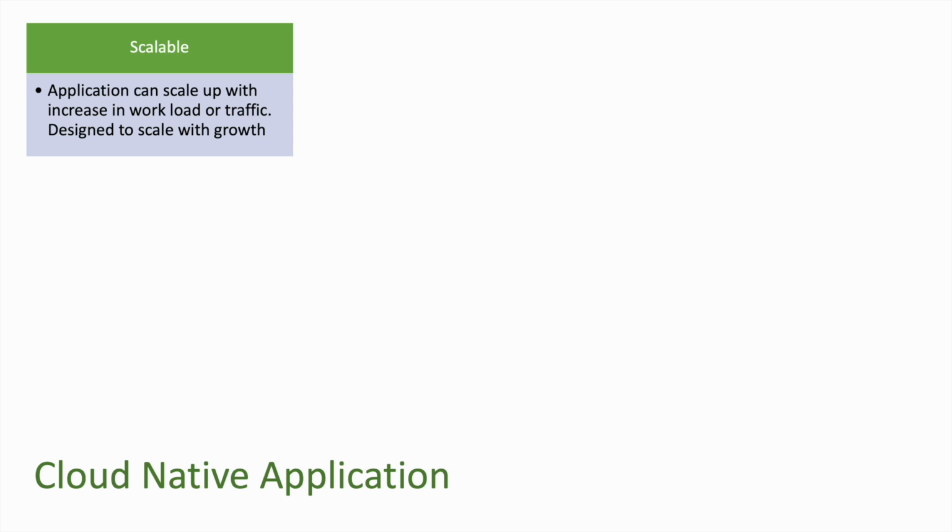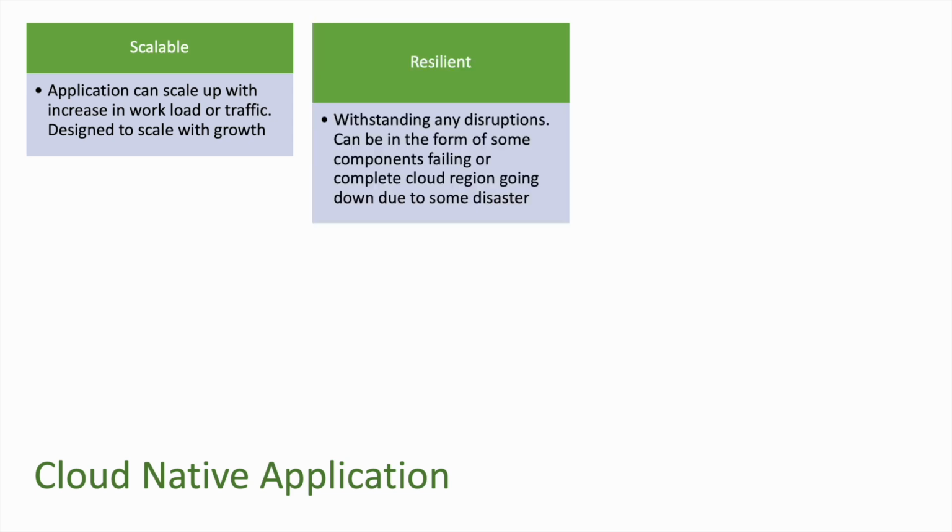Cloud native applications are scalable. That is, the application can scale up with an increase in the workload or traffic, designed to scale with growth. That is one of the important attributes of the cloud native application. Then resiliency. It has to be resilient, withstanding any disruptions. It can be in the form of some components failing or a complete cloud region going down due to some disaster.